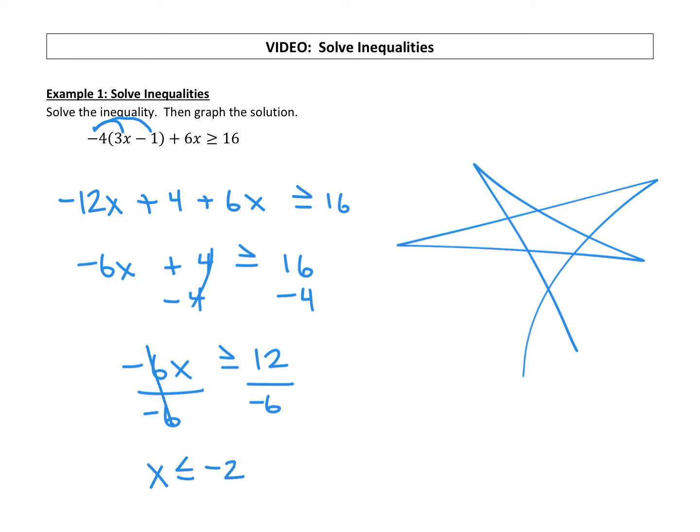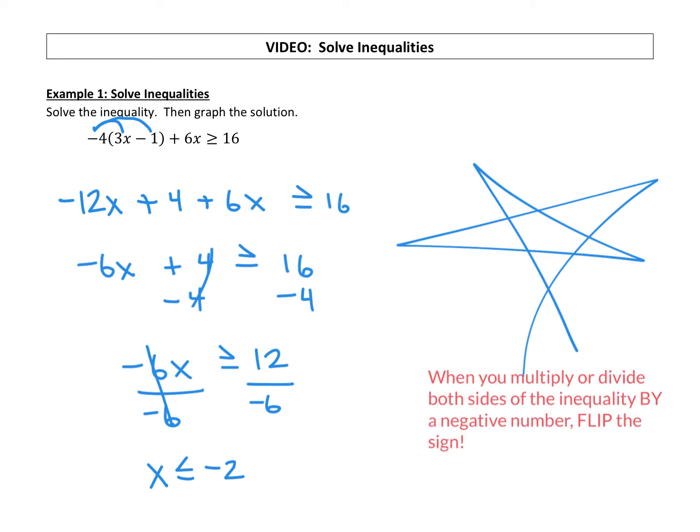Okay, I want you to put that in your notes. So let me type that in for you real quick. Okay, so there we have that written in our notes with a big star to draw our attention so we remember. It's the easiest thing to forget, you guys, when you are working with inequalities. So you have to constantly ask yourself, did I just divide by a negative number?